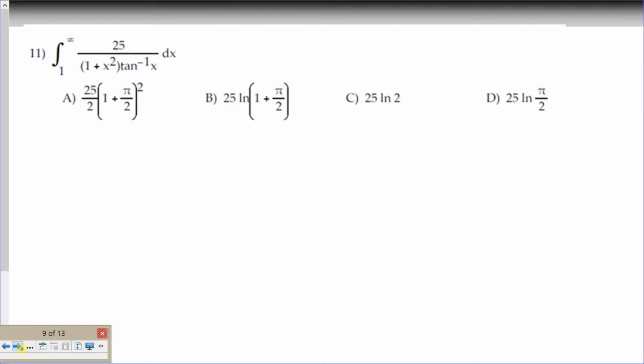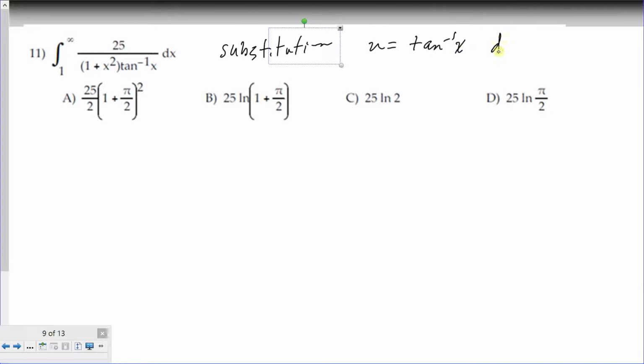Now here's another one that must have a finite integral, and looking at it, it looks like we probably want to use a substitution. Notice that if we let u equal inverse tangent of x, then du is 1 over 1 plus x squared dx.